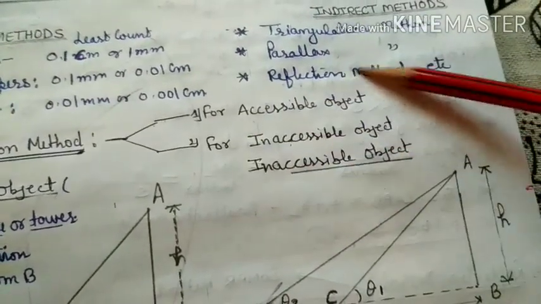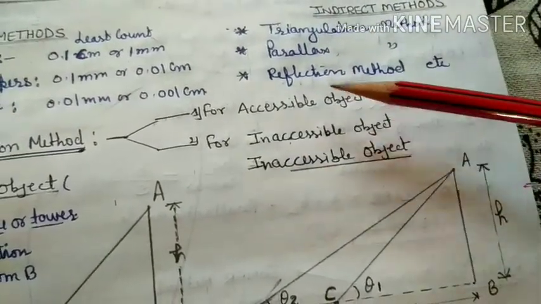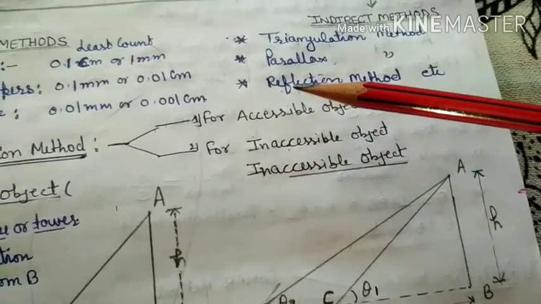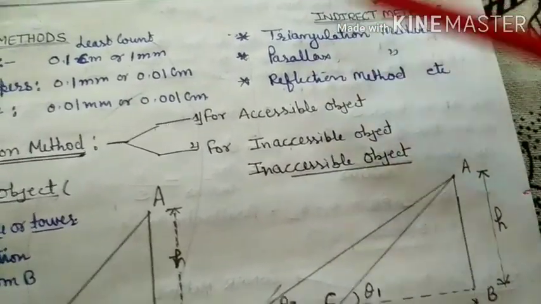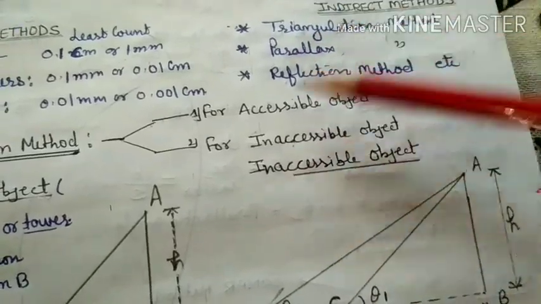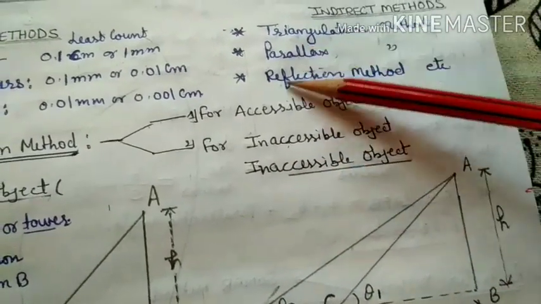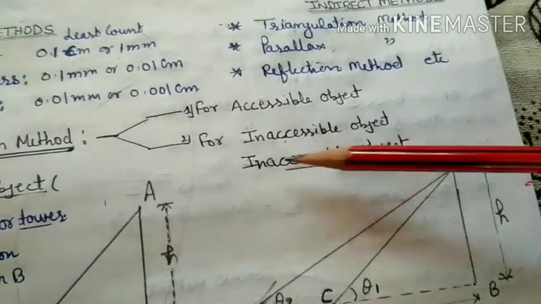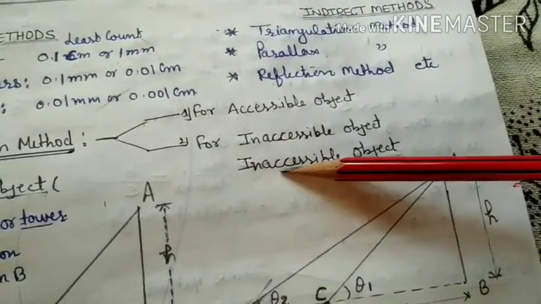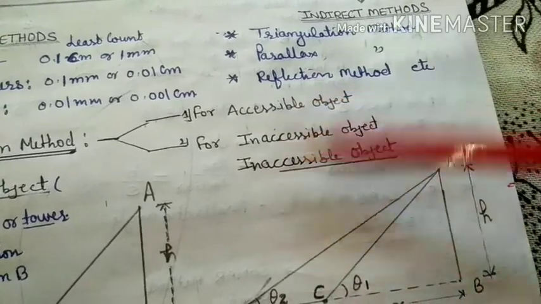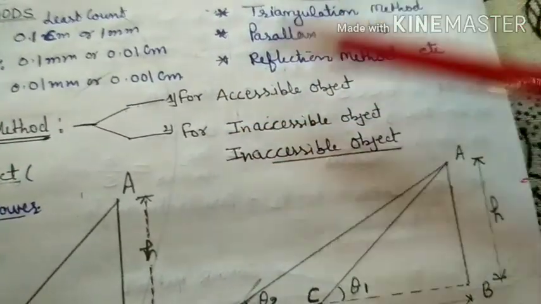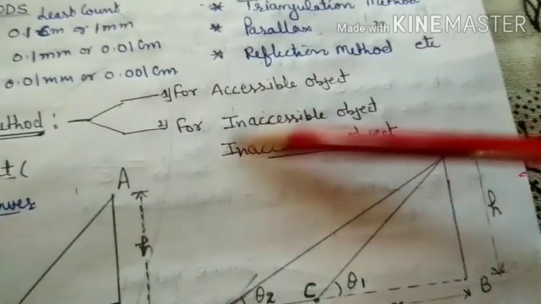Let us suppose there is a tree, and you have to stand very near to it. It means you can touch the base of that tree or a tower or a building directly. That means that is an accessible object. And inaccessible means, let us suppose there is a mountain on the other side of a river.